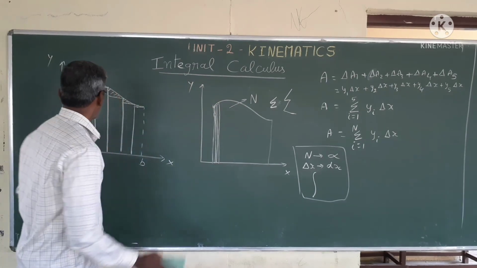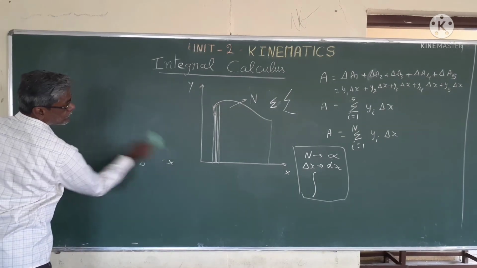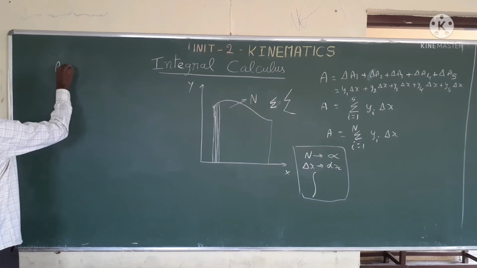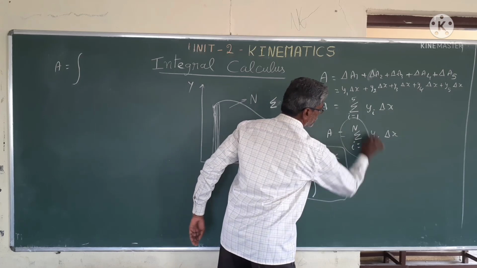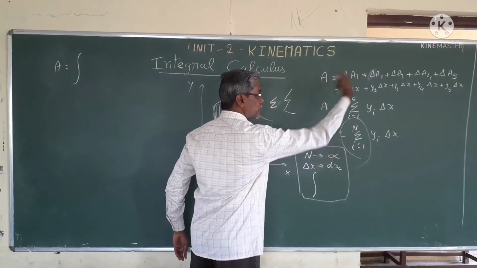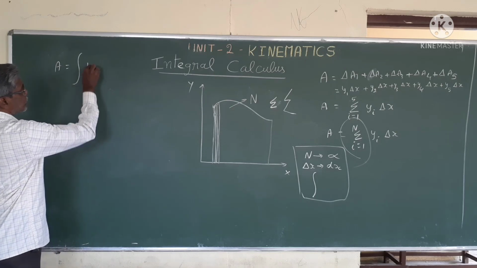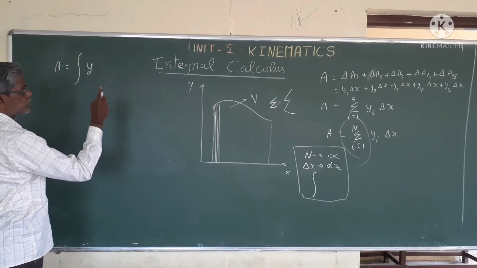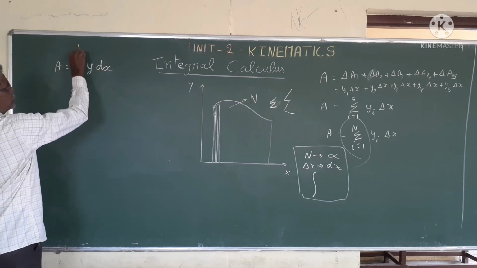Okay, so now I can write A is equal to integral of this summation part. When n tends to infinity, then I can write summation of y, the delta x becomes very small, so it becomes dx from a to b.